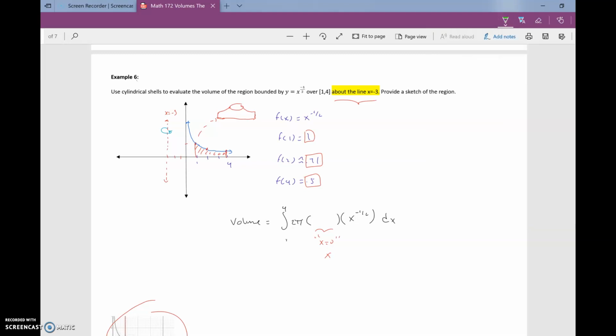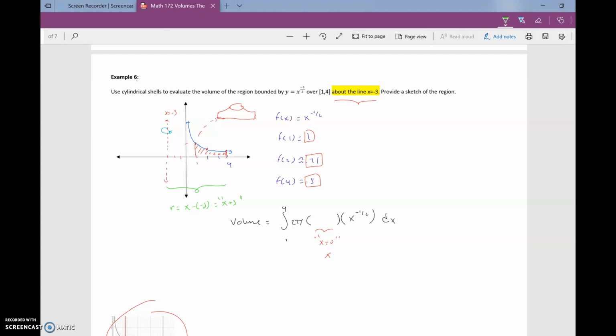Now the radius, you're going to measure the radius from here to there. So to the values of 4. The actual radius is equal to your maximum value, which is going to be x, so x minus -3, or x plus 3. I'm using the max minus the minimum value.